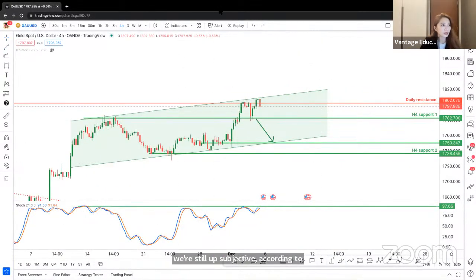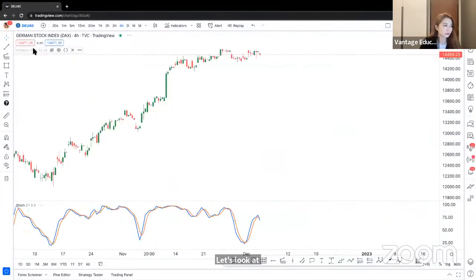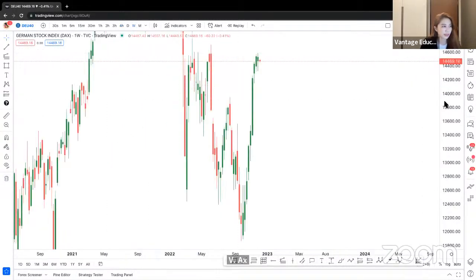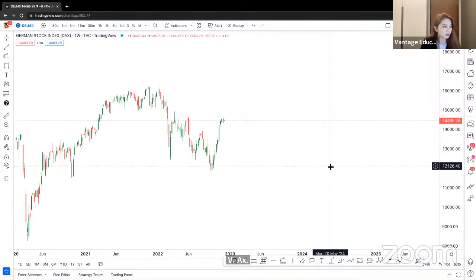Okay, let's look at DAX. Let's start from the weekly chart.